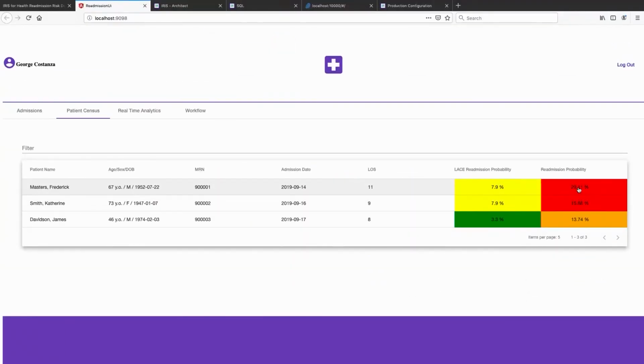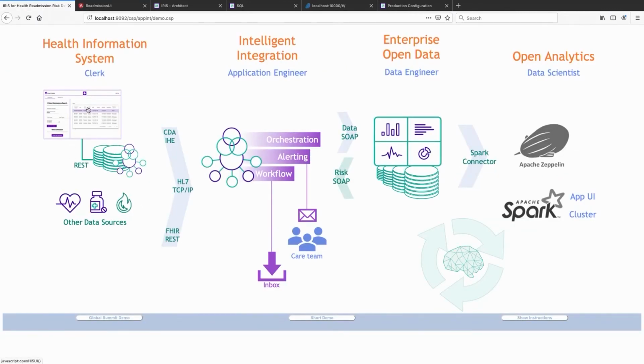So how am I doing this? As I'm doing things on the EMR, or the lab results are coming in, all this data is being sent to IRIS, and I'm extracting the data from all these messages and storing it in a data lake.